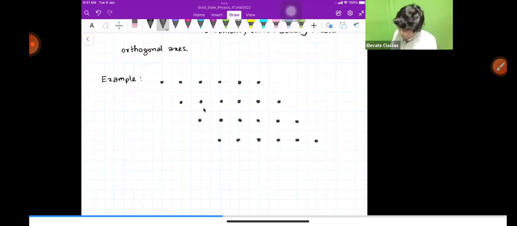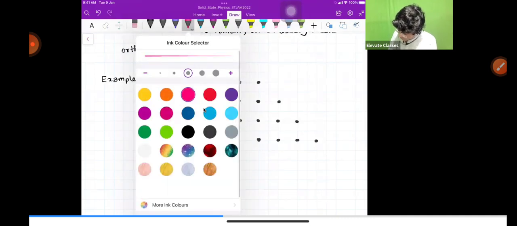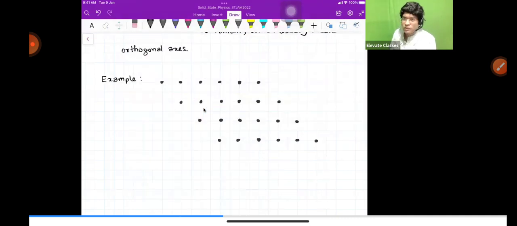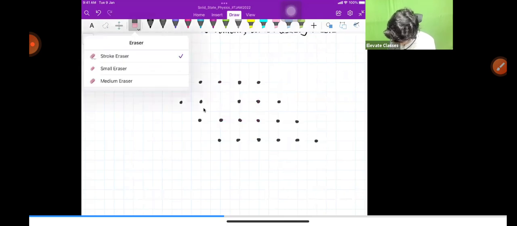All right, so I'll draw a structure here. So these dots are a bit shifted.